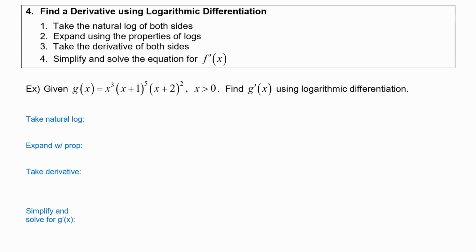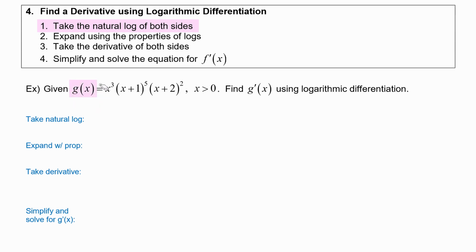Now, something to pay attention to here, since we are told that x is greater than 0, we know that this factor will be positive, this factor's positive, and this factor's positive. And that's a good piece of information to keep track of as we work through this problem. Now, step 1 in the process of logarithmic differentiation is to take the natural log of both sides.